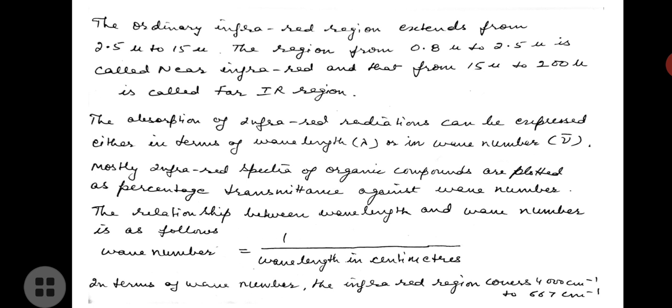Mu represents microns. 1 mu is equal to 10 to the power minus 4 centimeters. So wave number in centimeter inverse is equal to 10,000 upon wavelength in microns.